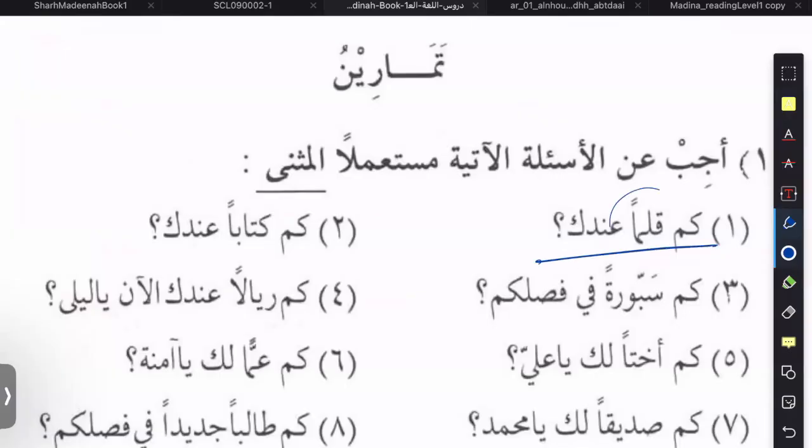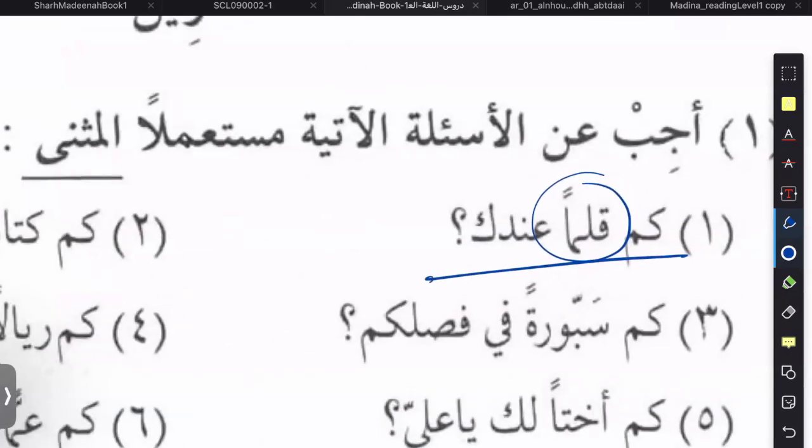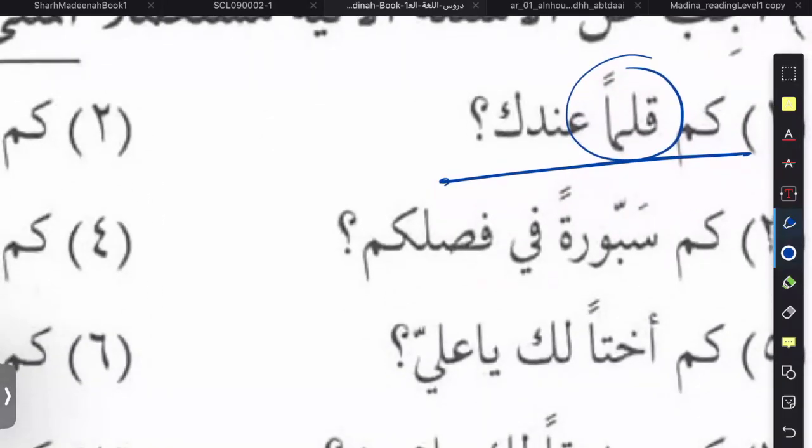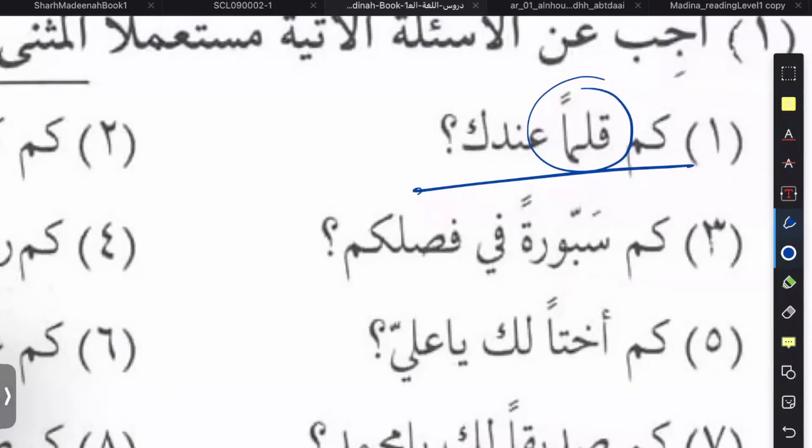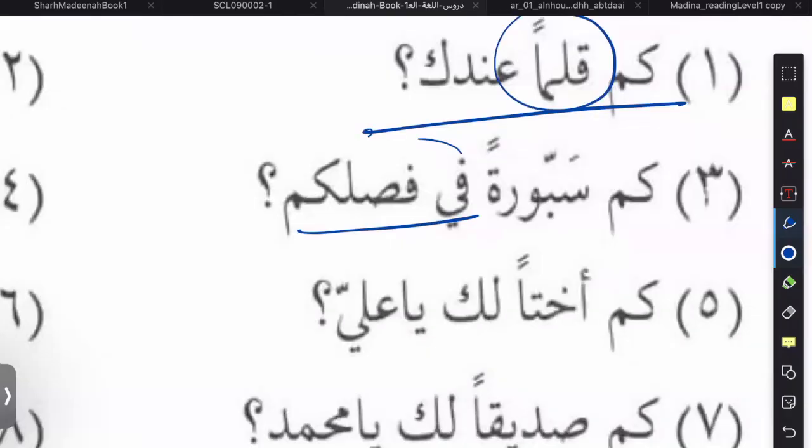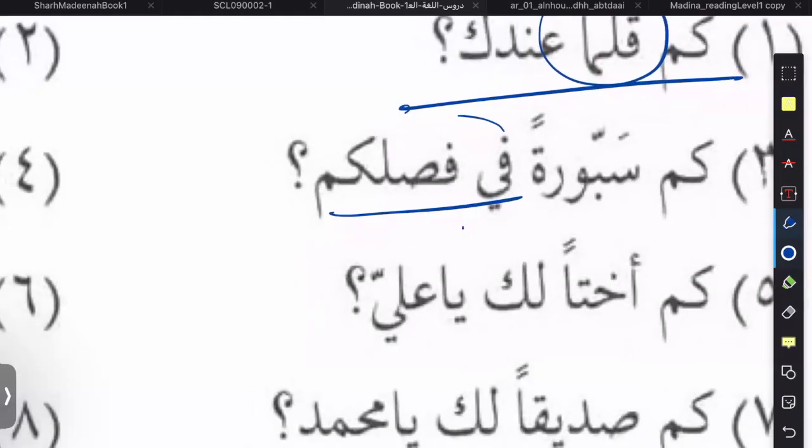No, again, huma. So the exercise is a very simple exercise, a very good one. Just answer these questions about the number by saying the dual version. So if someone asks you, كم قلما عندك? You say, I have 2 pens. عندي قلمان. كم سبورة في فصلكم? How many boards do you have in your class? Now you can answer without doing the conjugation. You could say فيه.